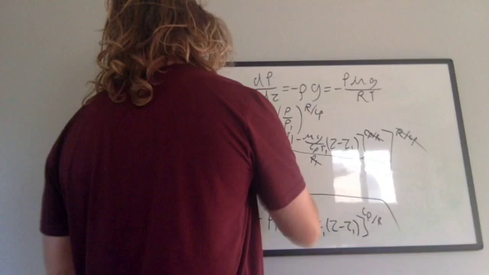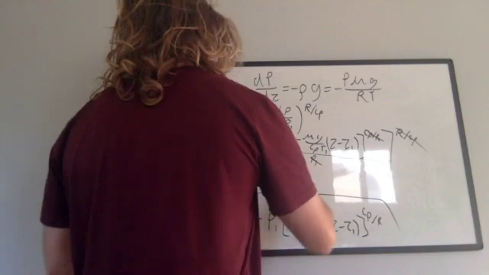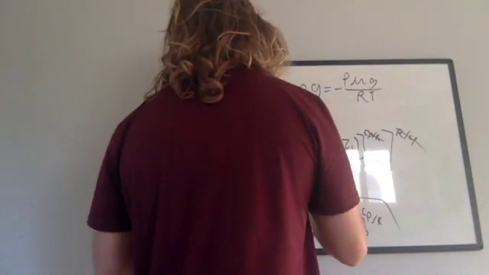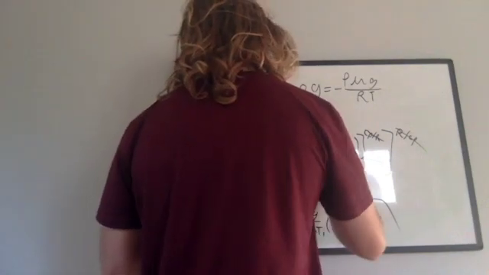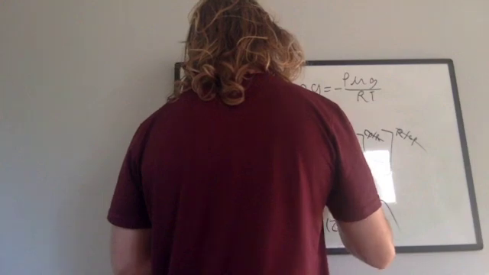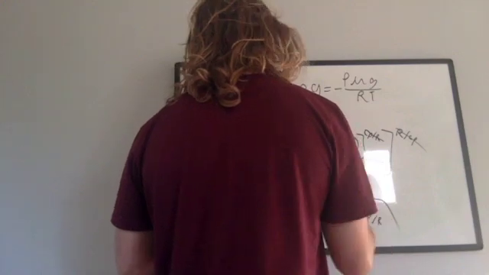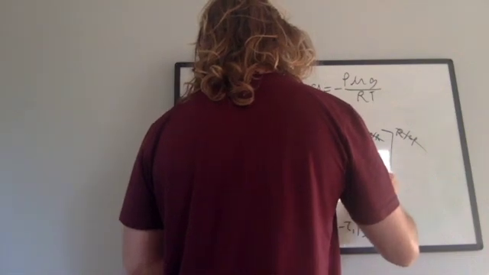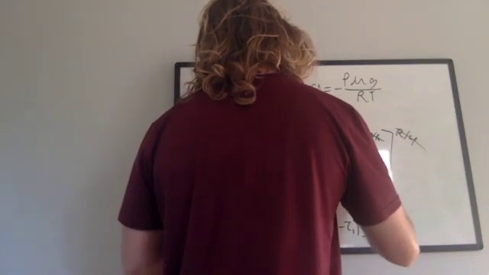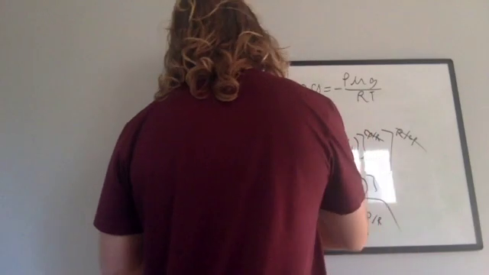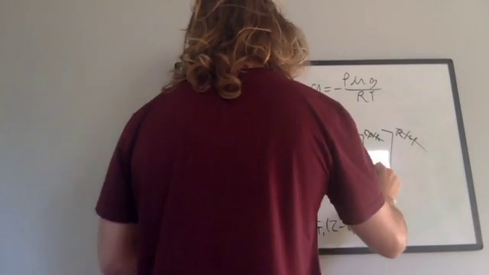The temperature is going to equal our temperature at our initial altitude, and then it's going to be 1 minus mu G over the specific heat at the pressure times the initial temperature, z minus z1. And there you have it. That is going to be our temperature expression right there.